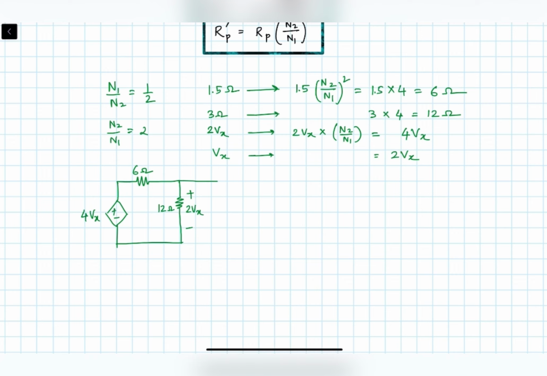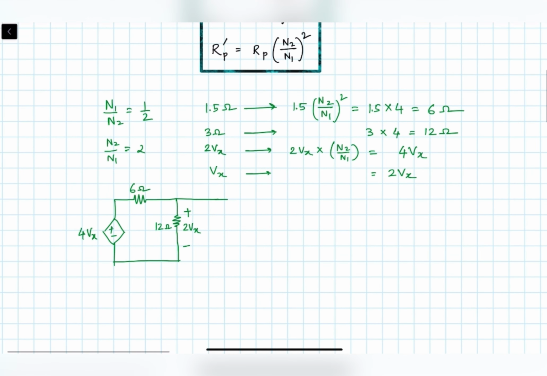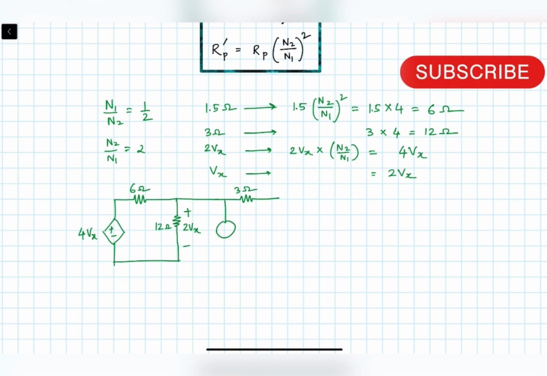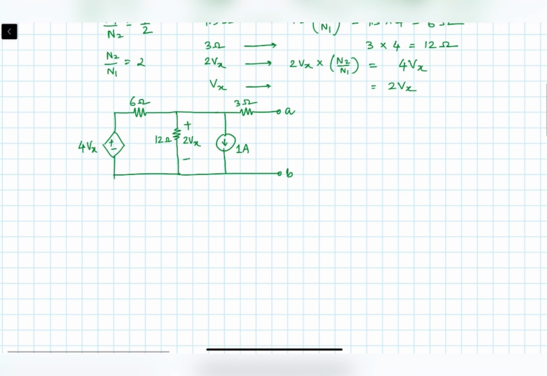And on the right hand side we have 3 ohm, and we have a current source of 1 amp. So this is the problem now.